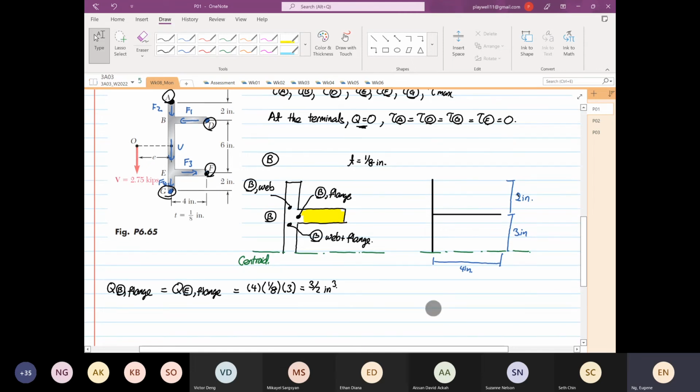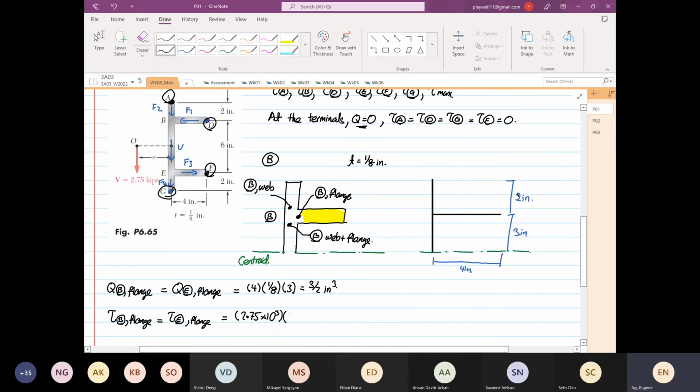So directly we can find out that our shear stress at point B, the flange, is equal to shear stress at point E at the flange. So we know that the shear, the V, is 2.75 times 10 to the power 3.